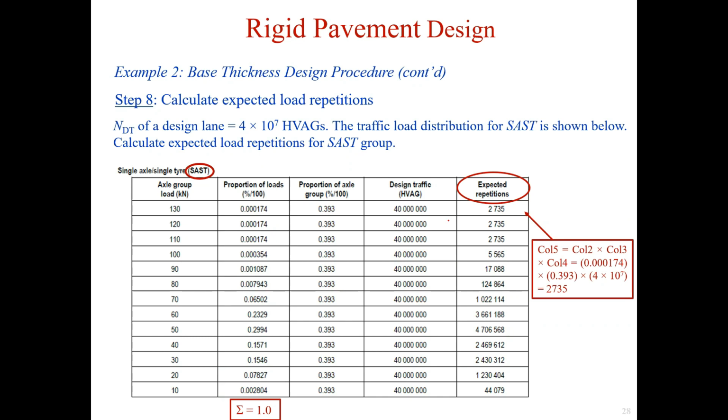So for each axle load, we can calculate the expected load repetitions for the SAST group by multiplying the proportion of load by the proportion of axle group by the design traffic. So the expected load repetitions are shown in the last column of this table.